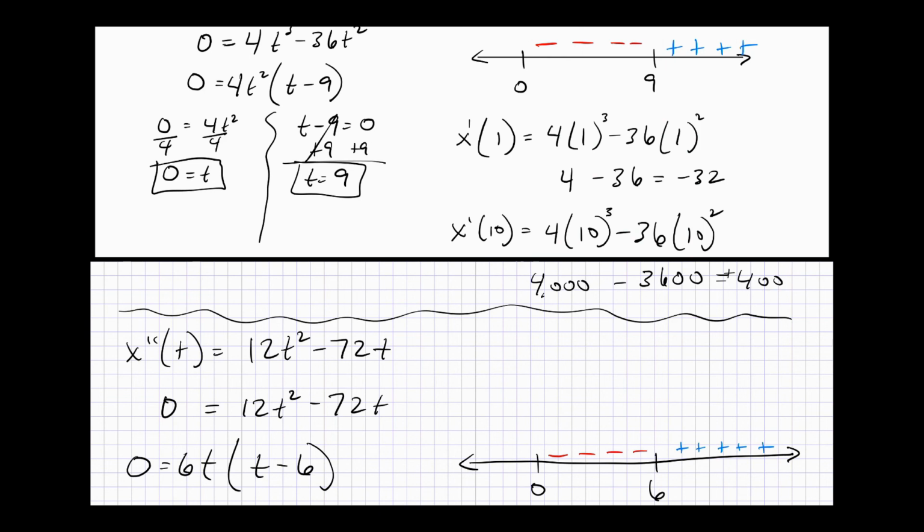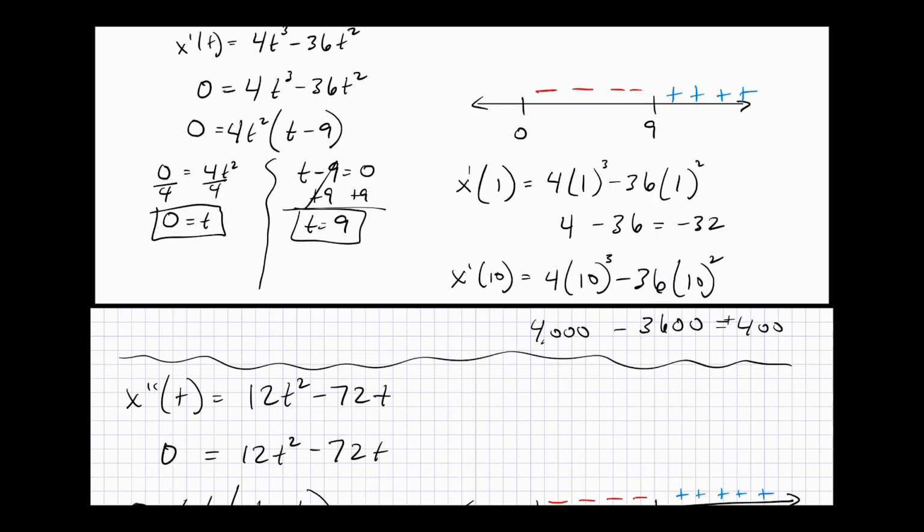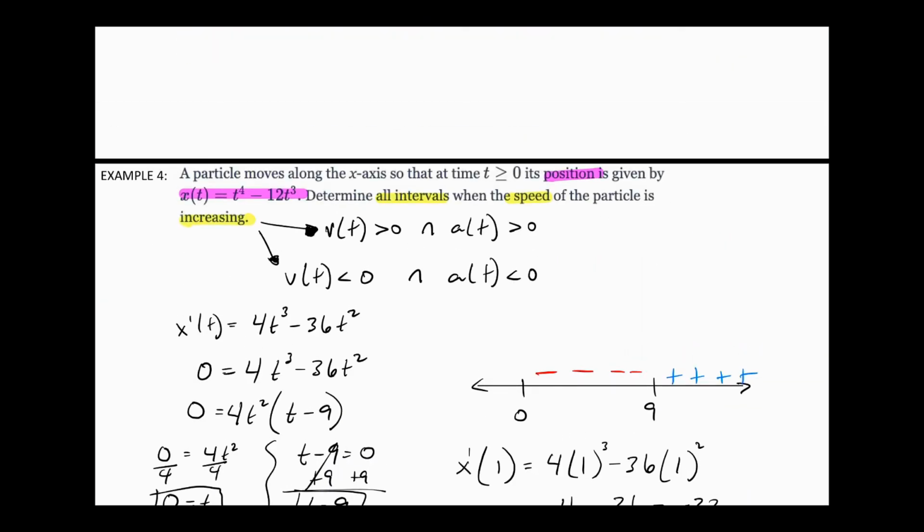So where are they both positive? 9 to infinity. Okay. So where would it be speeding up? From 0 to 6 or 9 to infinity.